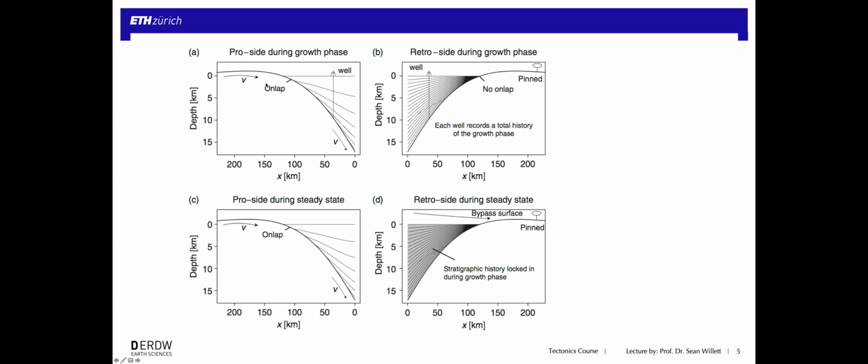That means that as it's moving, the flexural profile will also be moving. In fact, it'll be largely staying still in space in response to the loading of the mountain belt out here, but the plate will be moving through this profile.